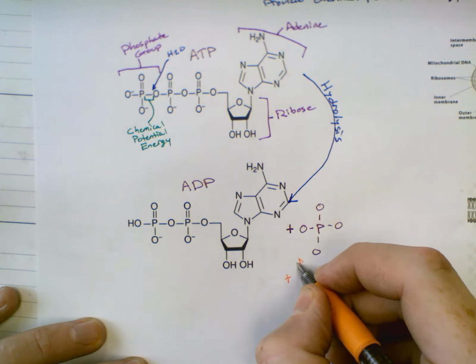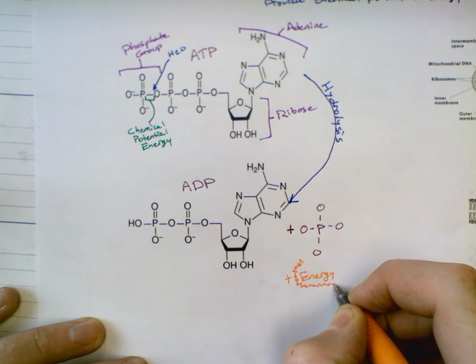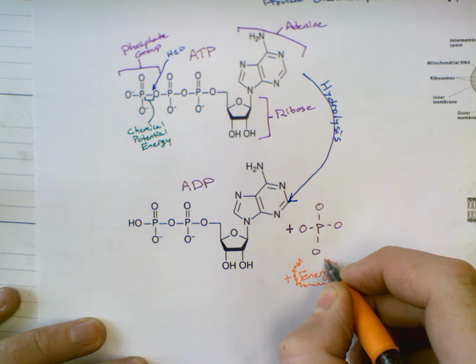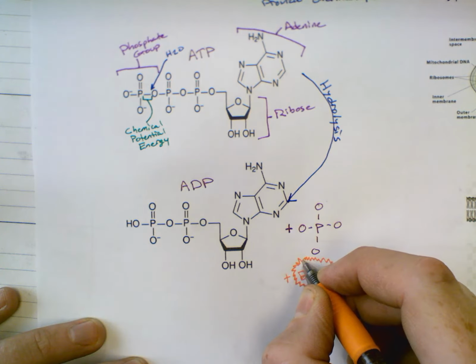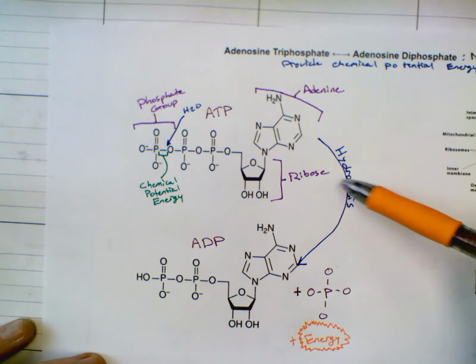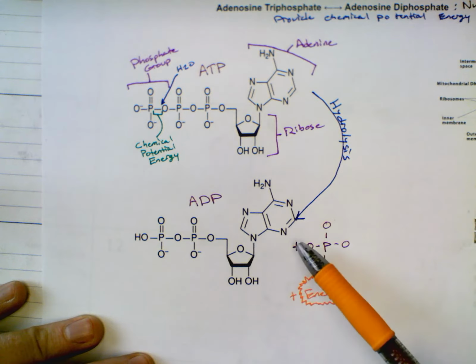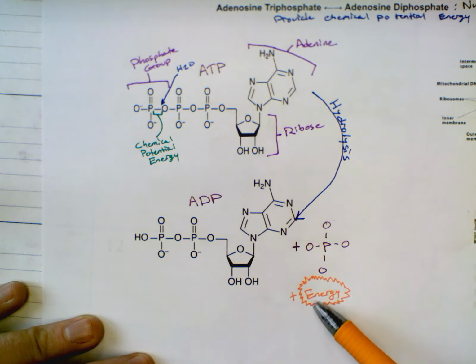And for whatever reason, people always draw this little sunburst thing around the energy. So, the hydrolysis of ATP results in ADP, the phosphate group that got knocked off, and energy.